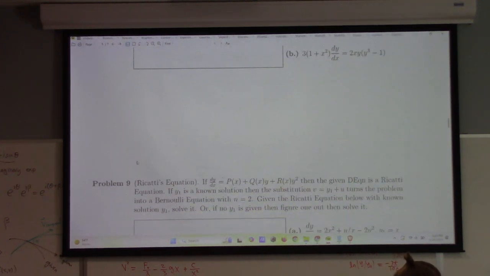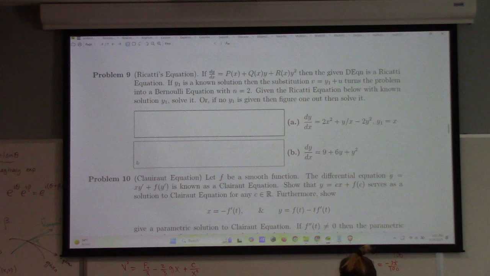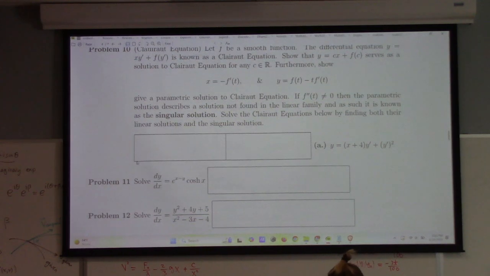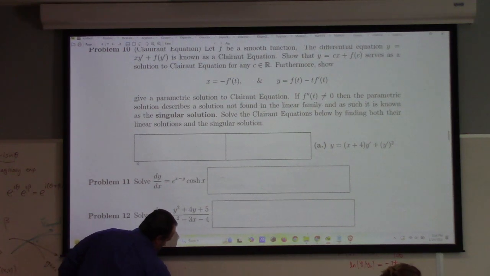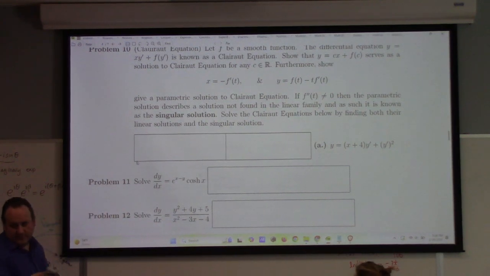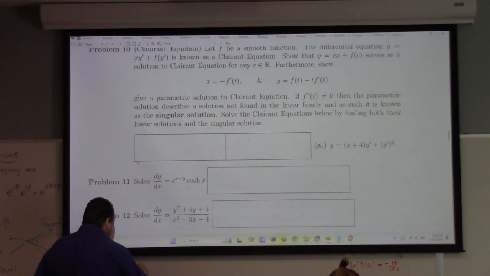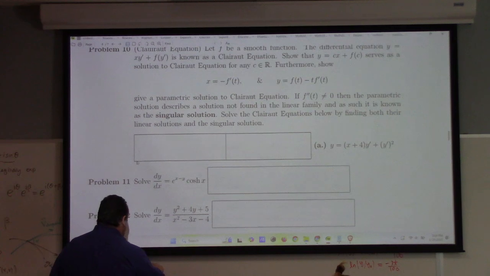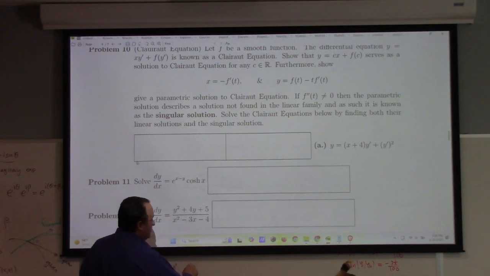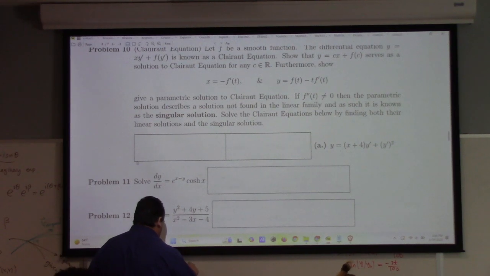All right, so yeah. So mostly you just have to use the... so if we look at this one, we have y is equal to x times y prime plus 4 times y prime plus y prime squared, right? That's given.